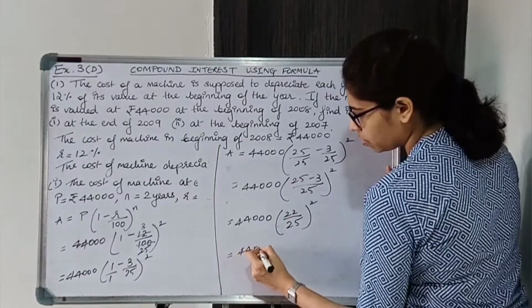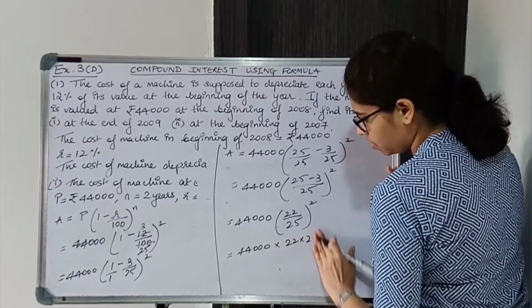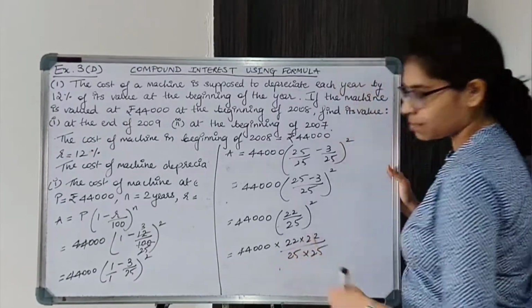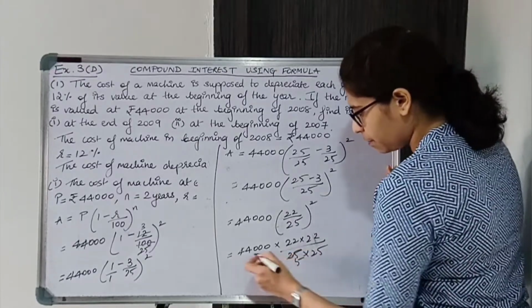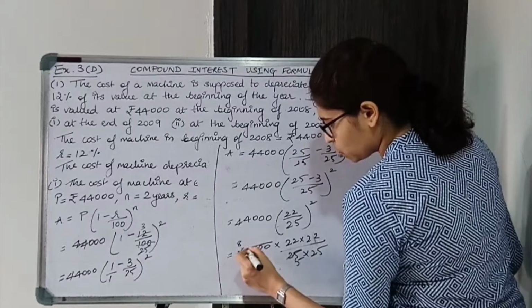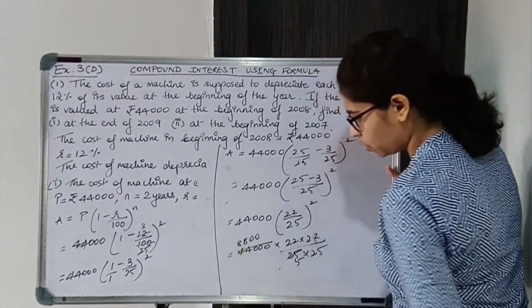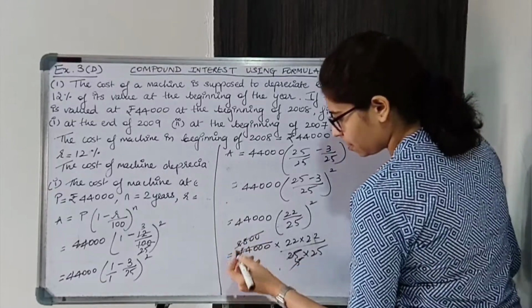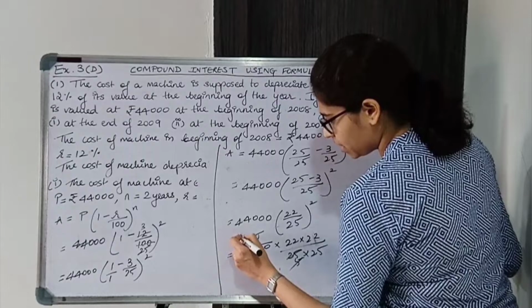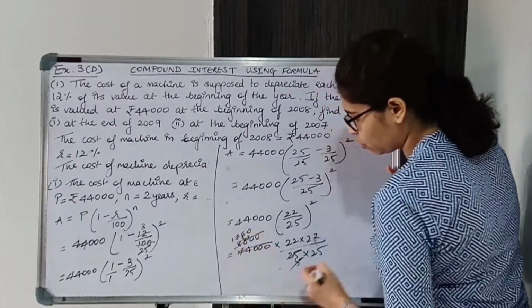Just split and write. We need to do cancellations. So 5 5s are 25, 5 8s are 40. So again 4 remains, 5 8s are 40 and 0. So 5 1s are 5, 3 remains, 5 7s are 35, 3 remains, 30 will be left, 5 6s are 30 and 0.